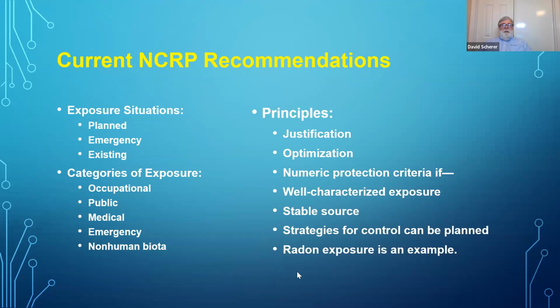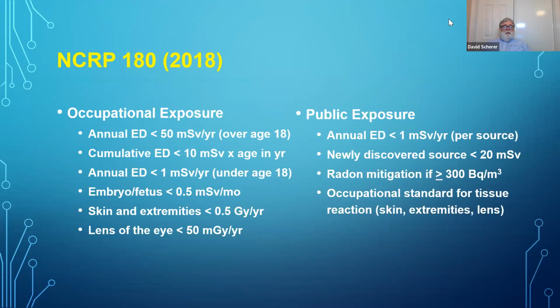So radon exposure is an example that they use for exposures that are not suitable for numeric protection criteria. They vary from place to place. They're not stable. They vary from time to time, and there aren't strategies that can be used to effectively control the risk under all circumstances.